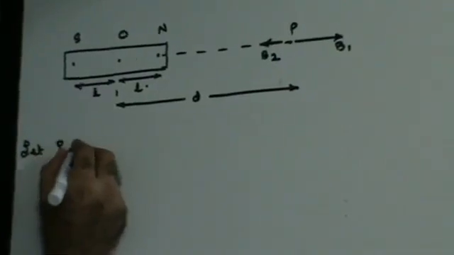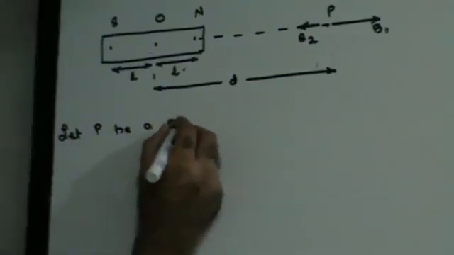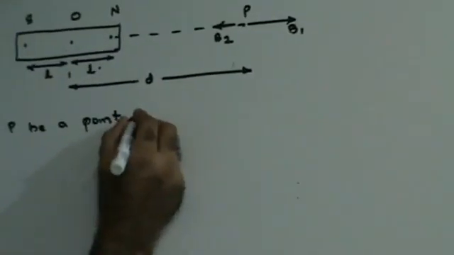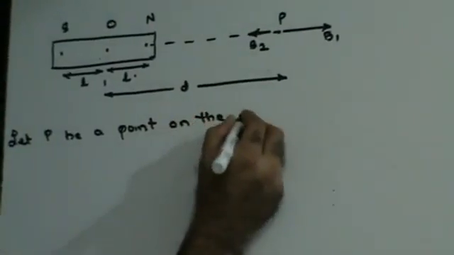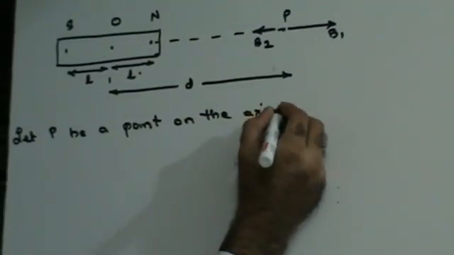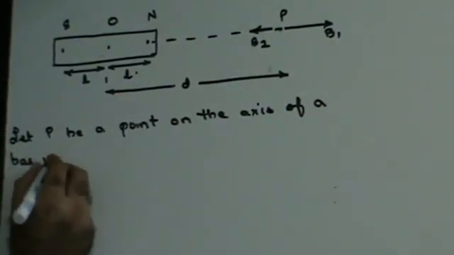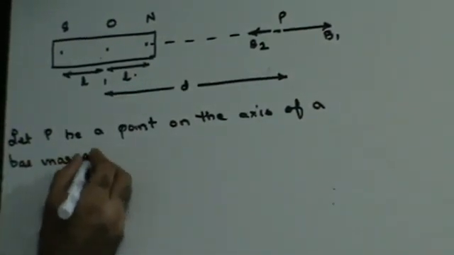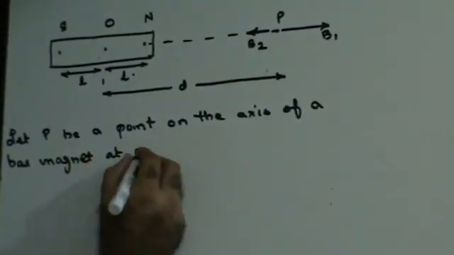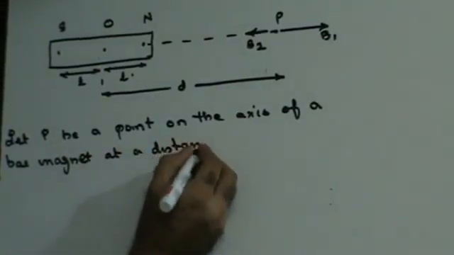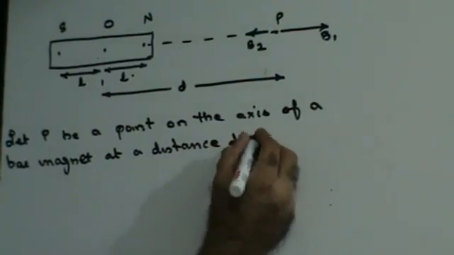Let P be a point on the axis of a bar magnet at a distance D from the center.